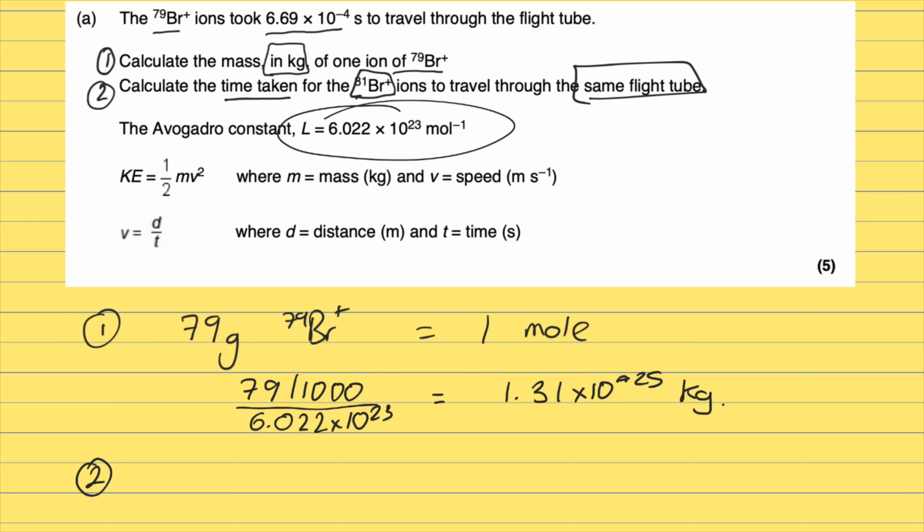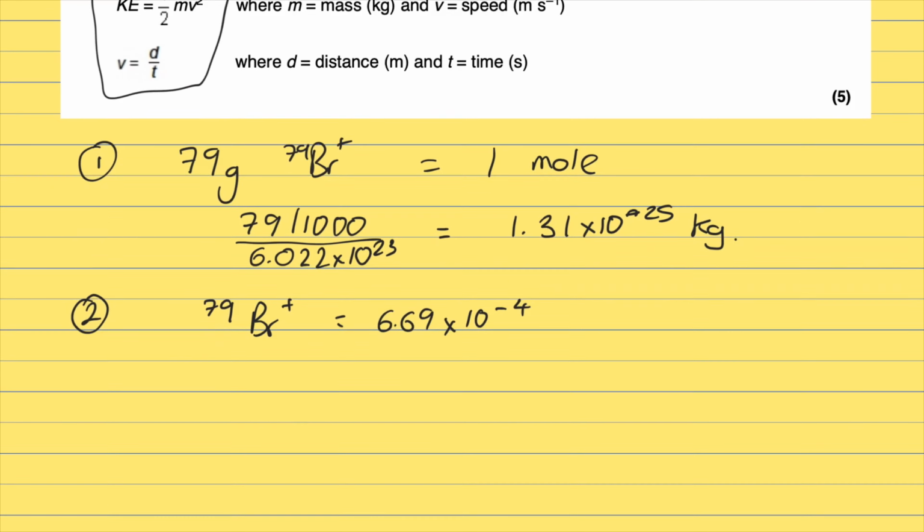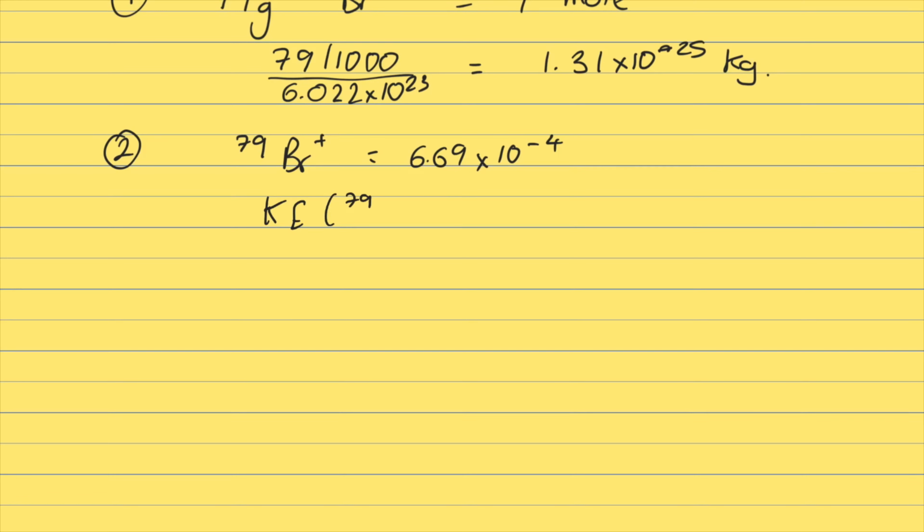Step two is to calculate the time taken for the 81Br+ ion. So we know the time of the 79Br+ is equal to 6.69 × 10^-4. And we've got these two equations here that we're going to use. How do we go about doing that? Well, the first thing we need to appreciate is that the kinetic energy of the 79Br+ ion is going to be equal to the kinetic energy of the 81Br+ ion.